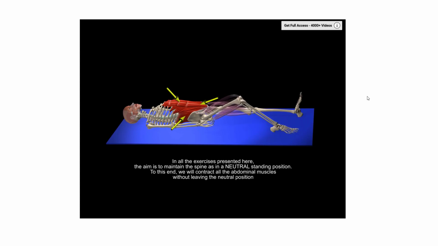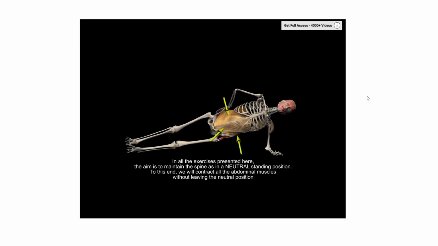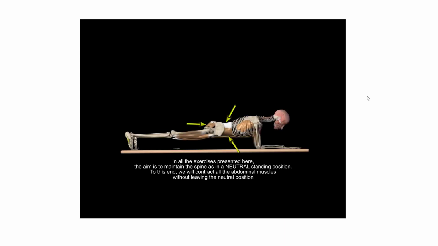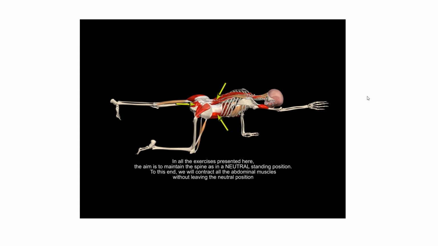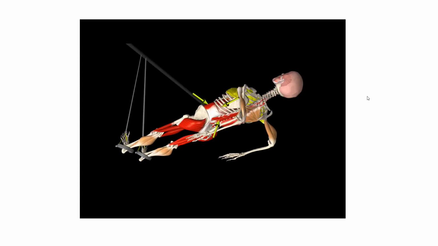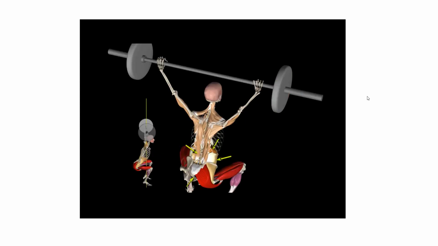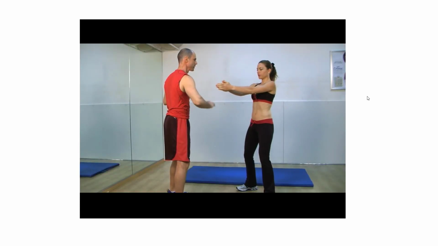And even when you're trying to keep your spine still, as you're moving your arms or your legs, you're contracting those muscles. In a side plank, you'd be contracting those muscles. In a regular plank, you'd be contracting all those abdominal muscles to help stabilize. If you don't contract all those muscles, then you're not supporting the spine and you end up sagging your back. That's when your back usually hurts. It's because your abdominal muscles aren't being pulled in enough to help support the spine.